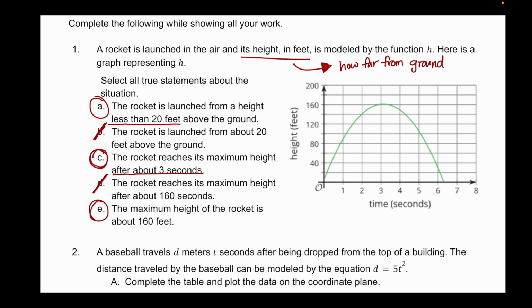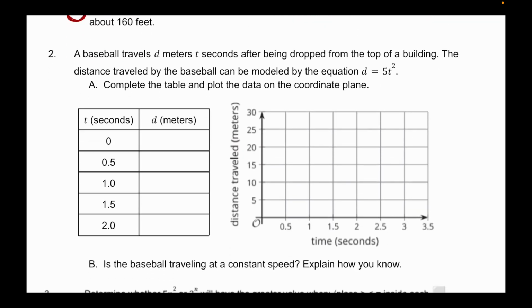And that one is true. So A, C, and E. E comes from this one right here, that's the maximum height. C comes from the x coordinate, which is the time it reaches that. Okay, so that's it for our first question. Let's keep going and look at number 2.